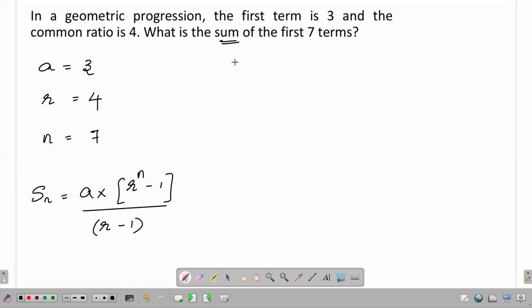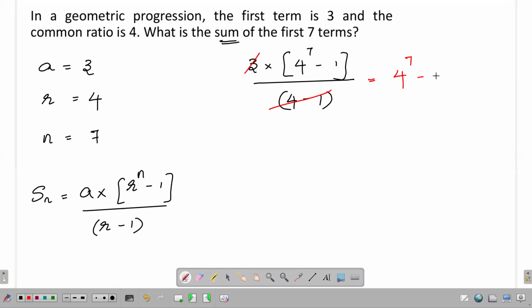So, substituting the values, it will be 3 times r raised to n, decremented by 1, divided by r minus 1, that is 4 minus 1. I can see that 4 minus 1 is 3, which is there in the numerator and also in the denominator. So I can cancel it off. So my answer now is 4 power 7 minus 1.